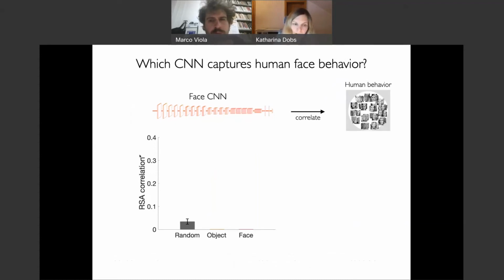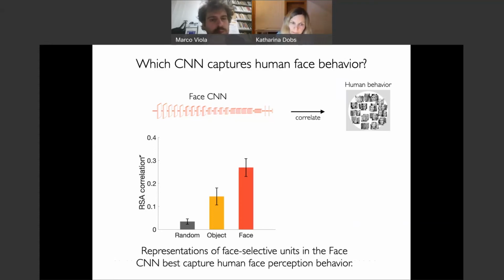What we find is that there's a pretty low correlation. So the way the random network represents these faces is very dissimilar from what humans do. The correlation increases for the face selective filters in the object trained system, and it's maximal using the face system. So the representation of face selective units in the face CNN best captures human face perception behavior.